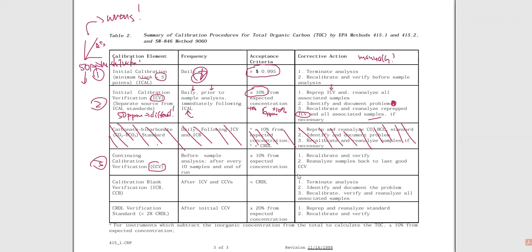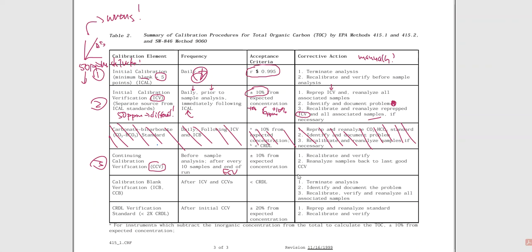Some people will call this ending one the ECV, which is the ending calibration verification. Just to make it clear, this is where samples stop in this batch. As before, plus or minus 10%.